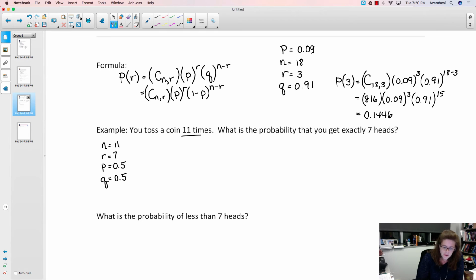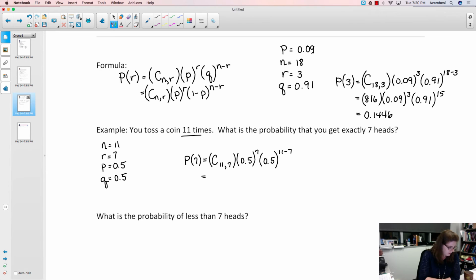If I'm looking for the probability of exactly 7 heads, then I have the combination of 11 things taken 7 at a time, times 0.5 to the 7th, times 0.5 to the 11 minus 7.